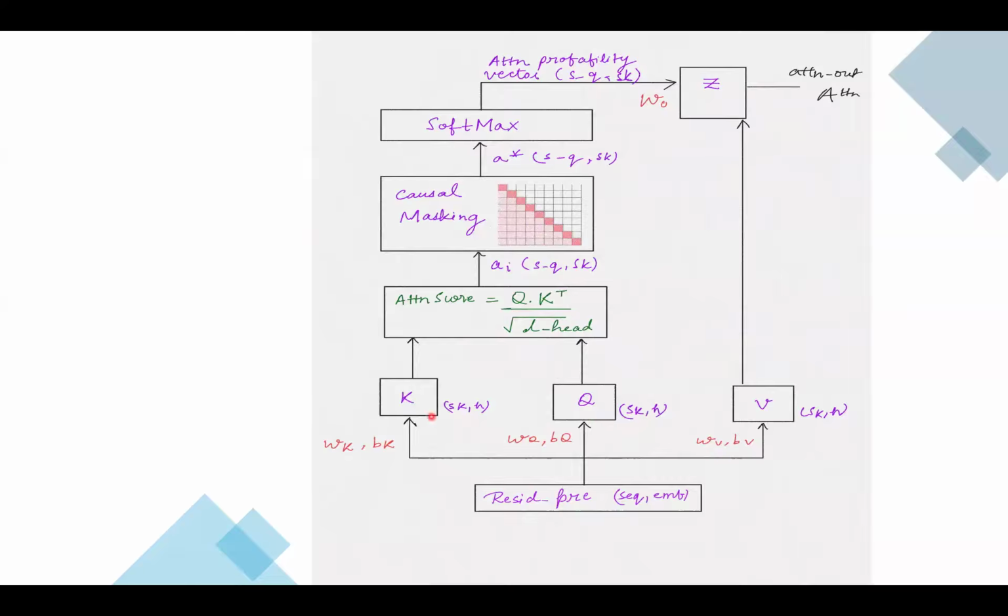Then they can recover what is important to them. Not the entire information is always important for a particular position to understand the meaning, so they can figure out what is important. Keeping that story in mind, we can understand how the attention score is calculated.